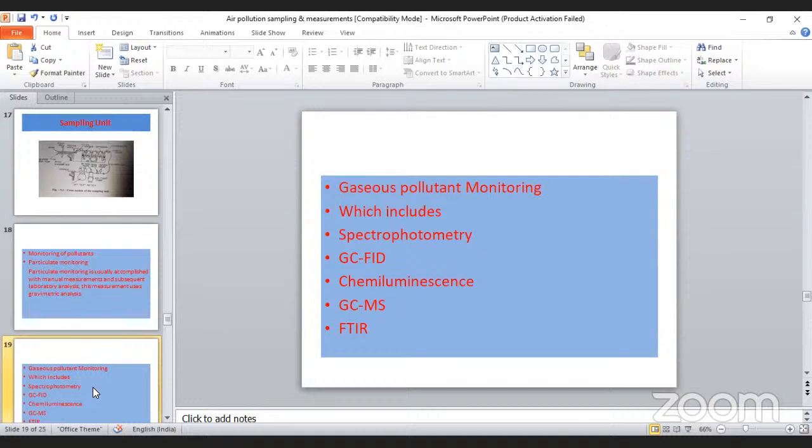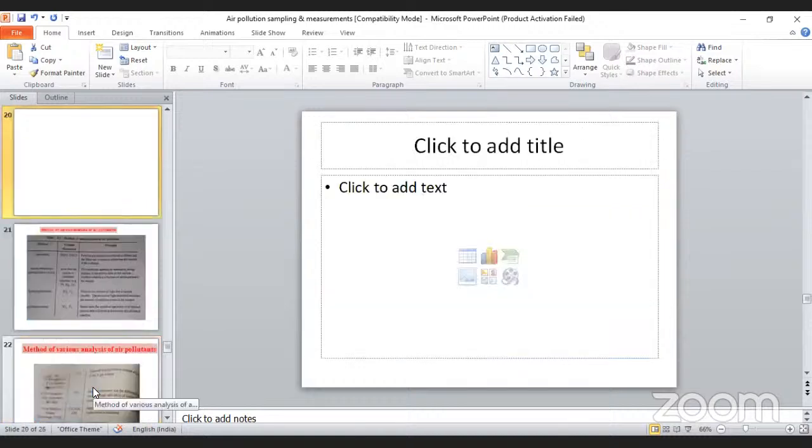Suppose gravimetric analysis. Now only we have seen the gravimetric method is used to find out the particulate matter, PM10 and PM2.5. The principle involved in this particular method is very important. If you know well about this, then you can write the further things by your own.